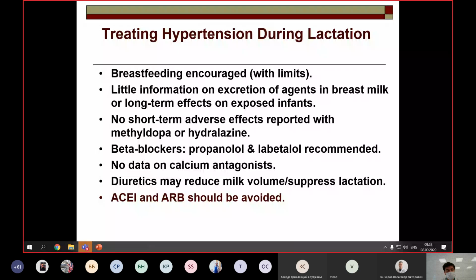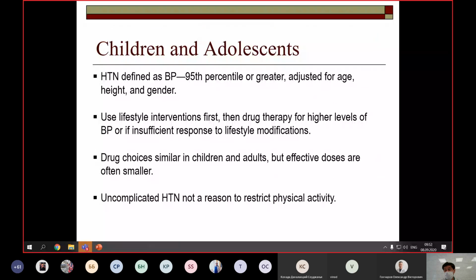So please, this slide should not be missed. What about children and adolescents? Please take into consideration that the main principles of treatment of hypertension in children and adolescents are the same as those applied for adults, with one exception.